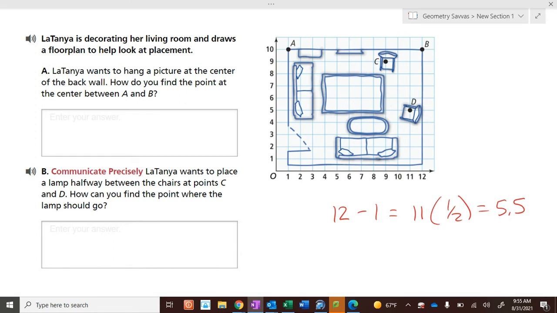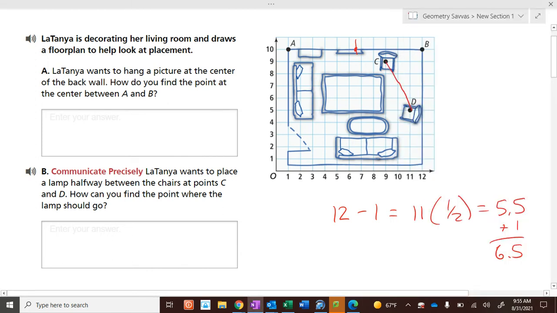But it started at 1. So then she had to add 1 onto that to get 6.5. And at 6.5, right here, that's where she should hang her picture, because that would be right in the center of that. Okay? Now, a straight line is easy.